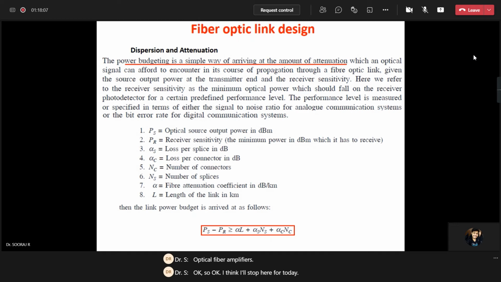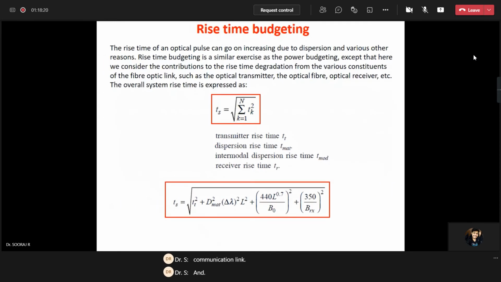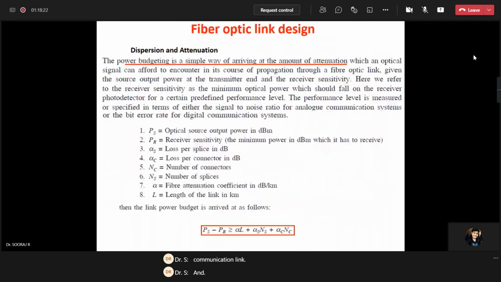Next we'll see how we can design an optical communication link. If there are no further questions, we'll stop here.